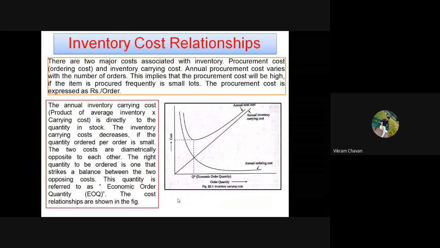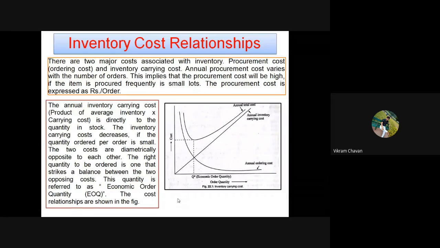We have discussed that the annual ordering cost is very high if your order quantity is low, and as you go on increasing the order quantity, this cost goes on decreasing.